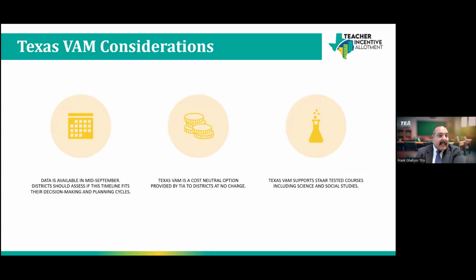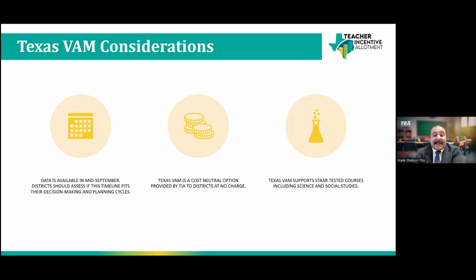And then we'll just close it out with our Texas VAM considerations. This is kind of a new product, though it's been around for a while. We used it to validate your data here at the agency when we're making those eligibility determinations. But it is now available to all districts. That data is available in mid-September, so your district would need to assess if this timeline fits your decision-making and planning cycles.